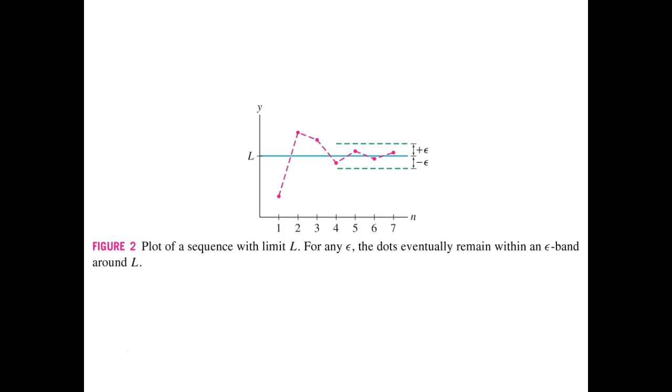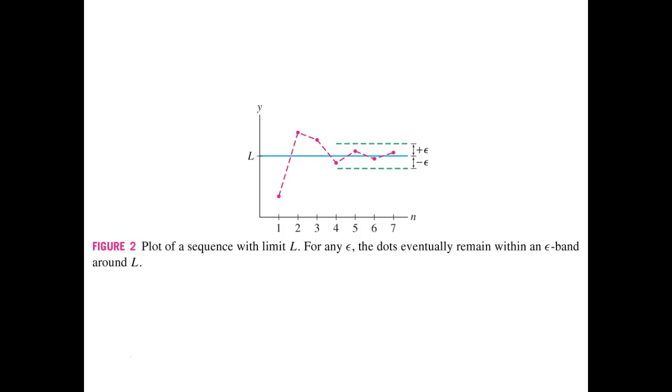A good way to visualize the limit is as a set of points, and you can use anything as the first number in the ordered pair, like 1, 2, 3, 4, 5, and then plot A sub 1, A sub 2, A sub 3, and you'll get something that looks like this.